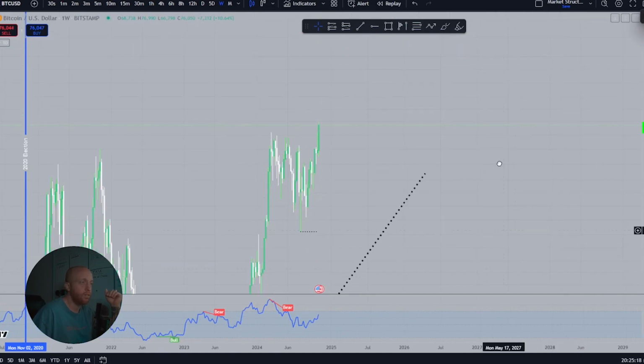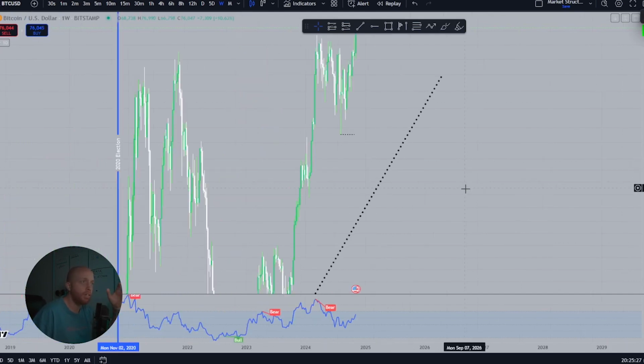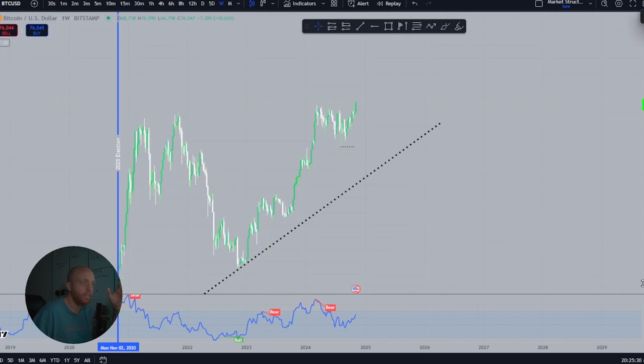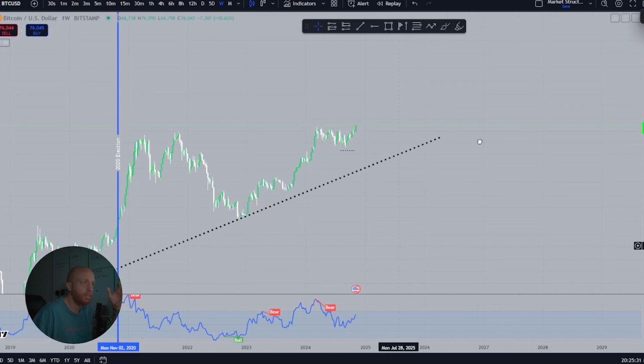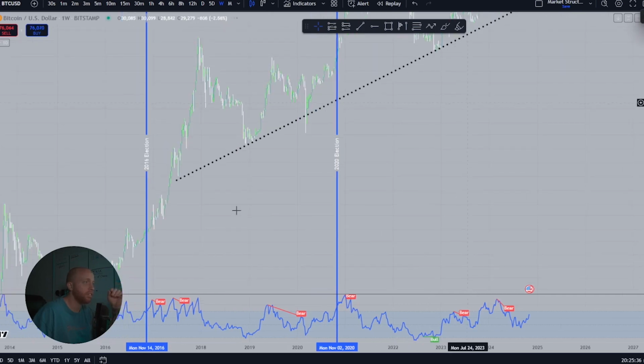Because when in doubt, zoom out. You might think, oh, we're going down, we're on a downtrend, but really when you zoom out and look at this on the weekly, we've been on an uptrend, honestly, since Bitcoin started. But see, this uptrend started slowing down.